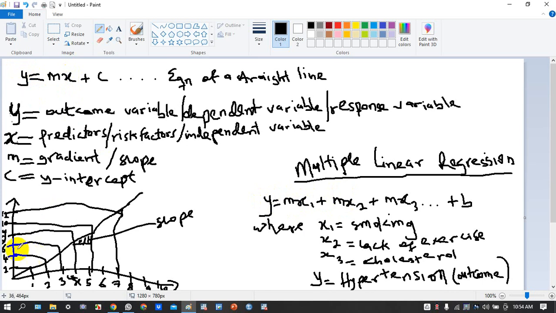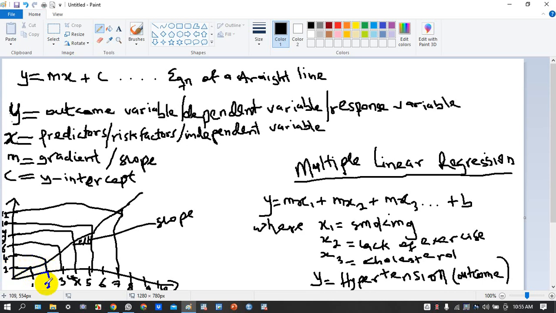So when we come to plot a graph of this, we have the x-axis, which is the horizontal axis, and the y-axis, which is the vertical axis. So changes in x will cause a change in y. So when smoking starts from day one, you smoke 1 cigarette, it will give you 2 odds of hypertension.